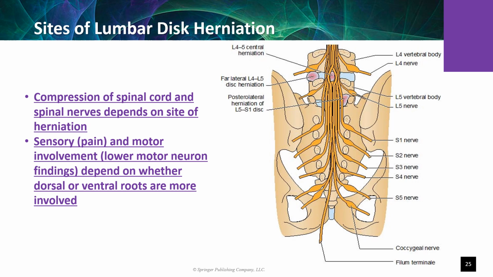The triceps brachii and multiple wrist extensors are affected by a C6 to C7 herniation. And the intrinsic hand muscles and wrist flexors, along with flexors of the ring and little finger, by a C7 to T1 herniation.